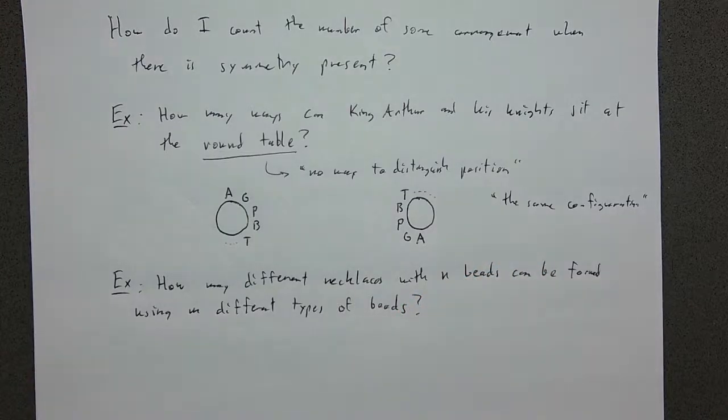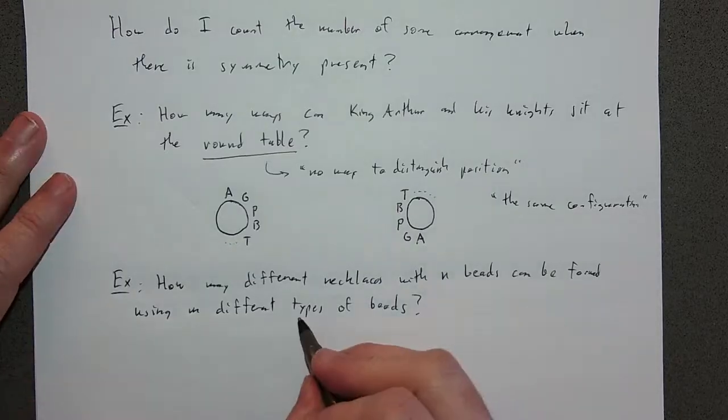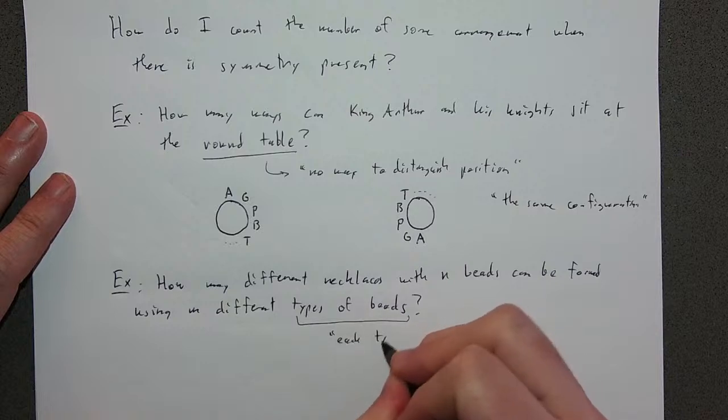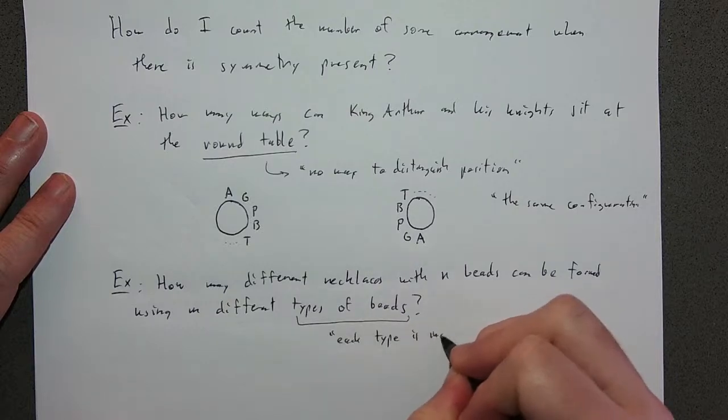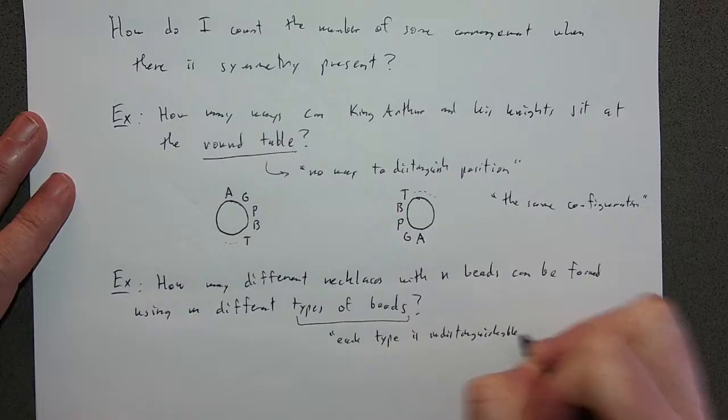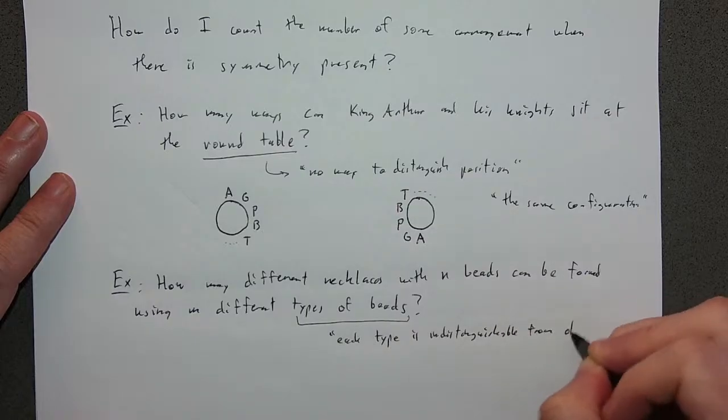Now we'll explain that these m types of beads are identical. We'll say that each type is indistinguishable from others of the same type.